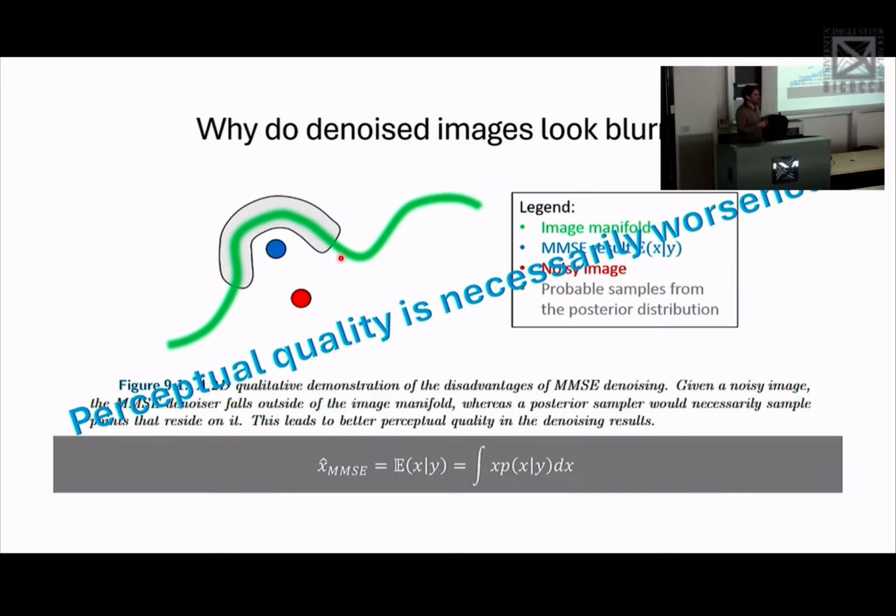Especially if I'm working with medical images, do I necessarily want one with higher perceptual quality? If I say my most likely solution is this one, it makes sense. But if I say, let's get one of these, which one? I don't know which one. I need to do some random sampling.